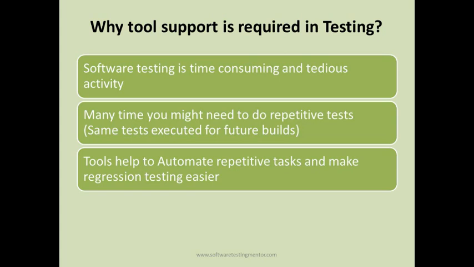If you are executing 100 tests manually, it will take much longer than executing them with the automation tool. So tools help you to automate those tests so that you can execute them with the help of tools in future.